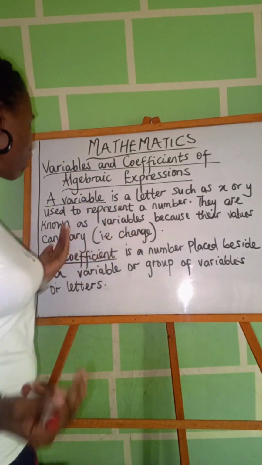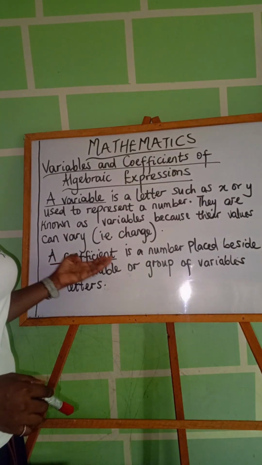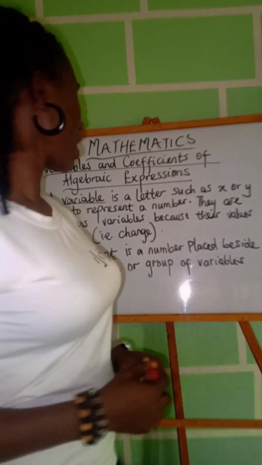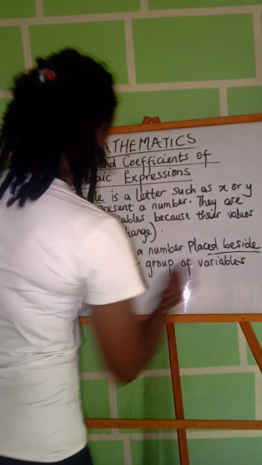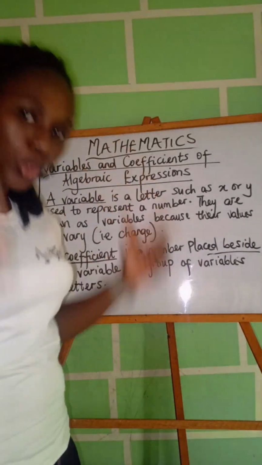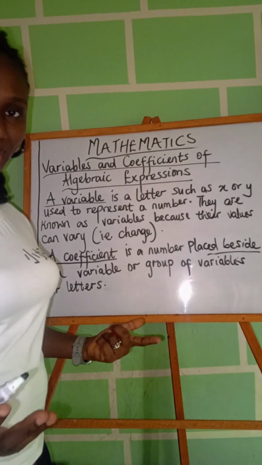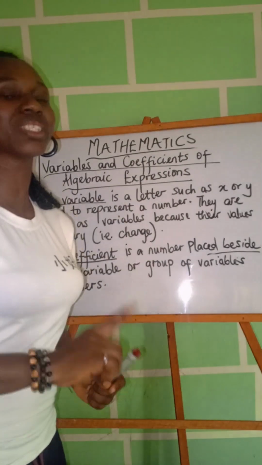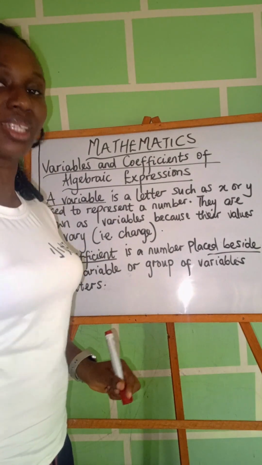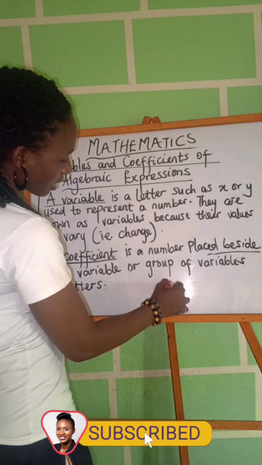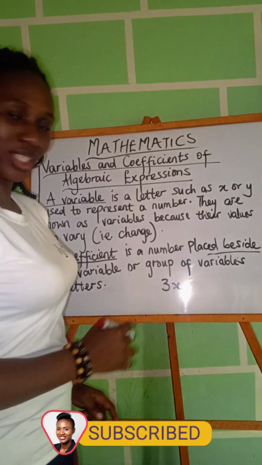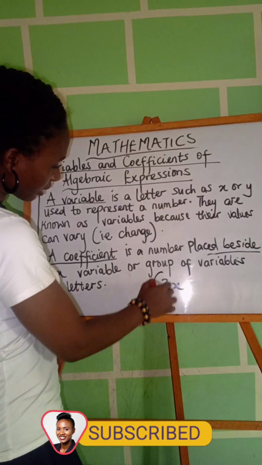So that is change. All right, so now we come to coefficient. What's a coefficient? A coefficient is a number placed beside a variable or group of variables or letters. Usually a coefficient is written before you write the letters. For example, if you have 3x, the coefficient here will be 3.